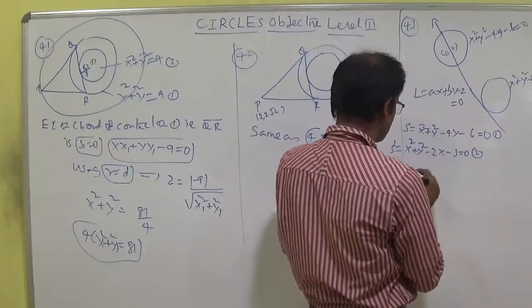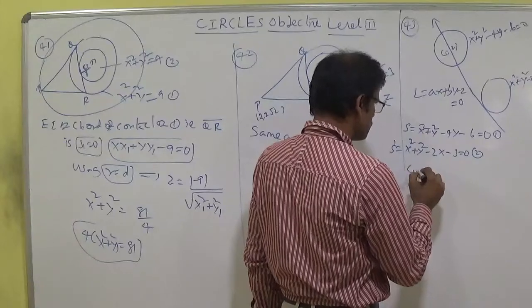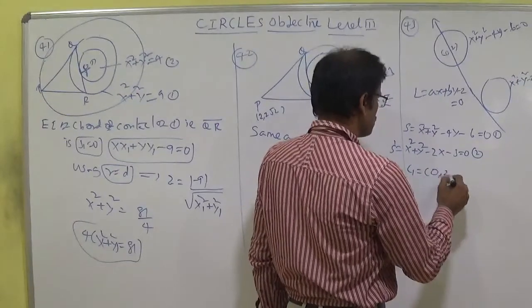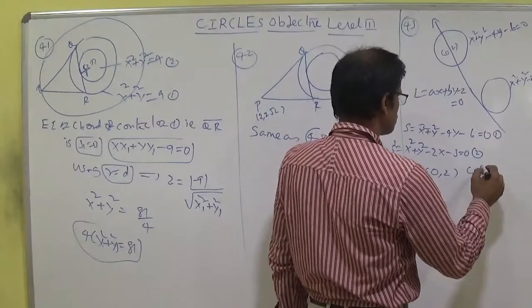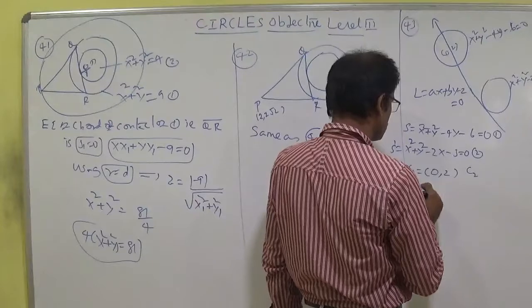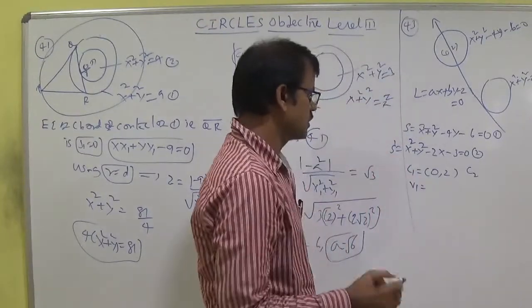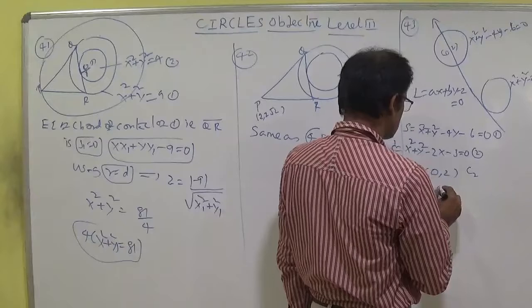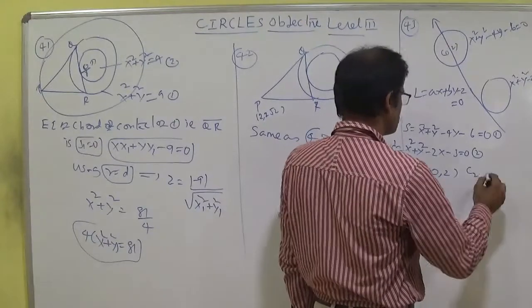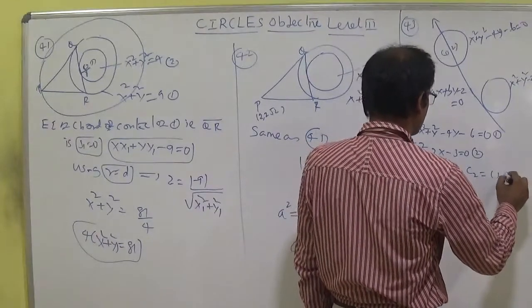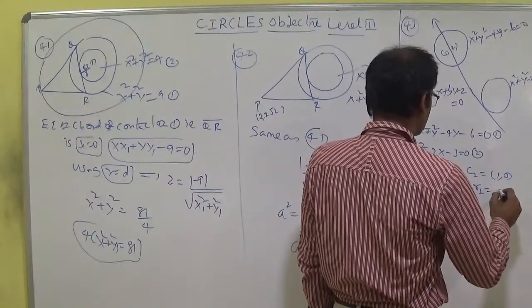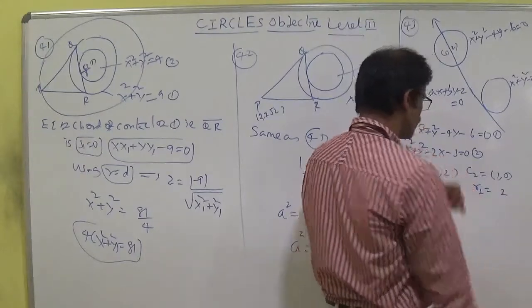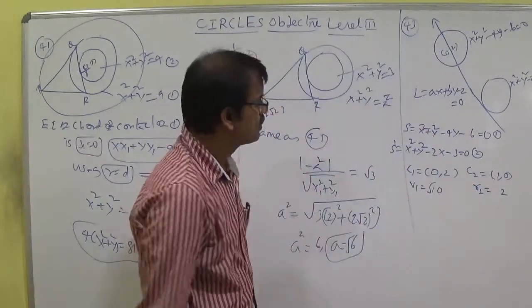This is the second equation. So C1 is equal to (0, 2). R1 is not needed, it is root 10. C2 is equal to (1, 0) and R2 is equal to root of 1 plus 3, which is 2.